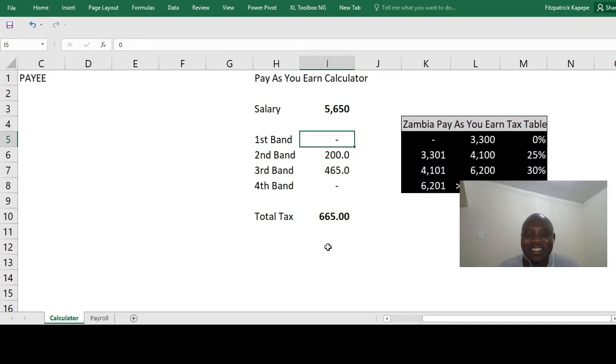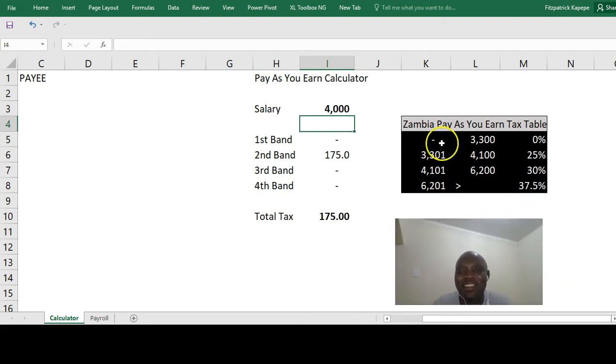For example, someone who gets a salary of 6,700, this is his or her tax. For a person that gets 3,000, there will be certainly nothing to tax. 4,000, that is what will be taxed based on the tax table.